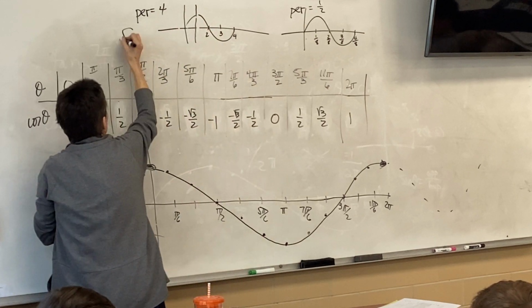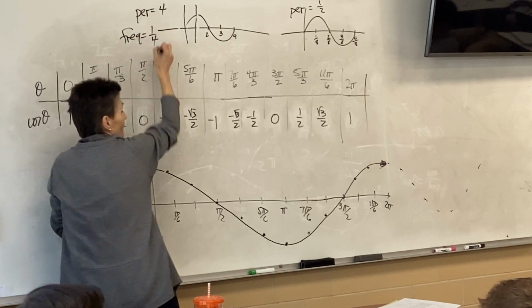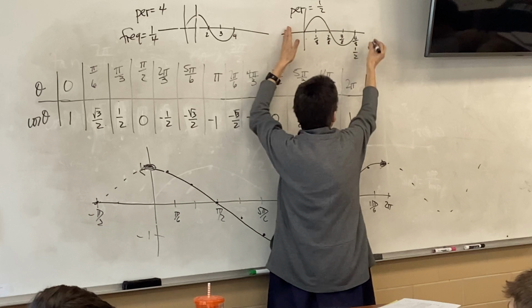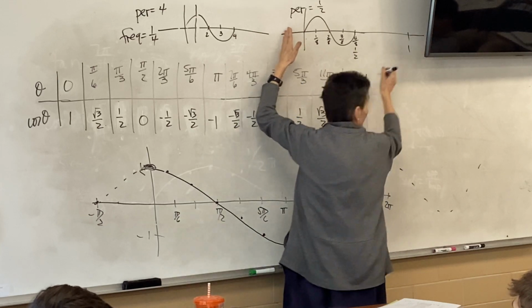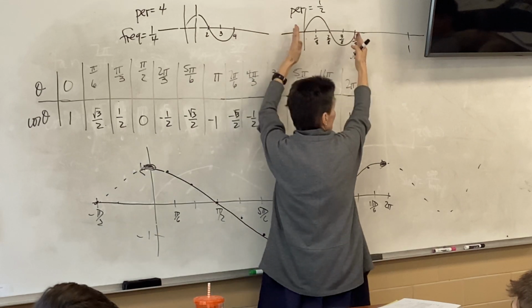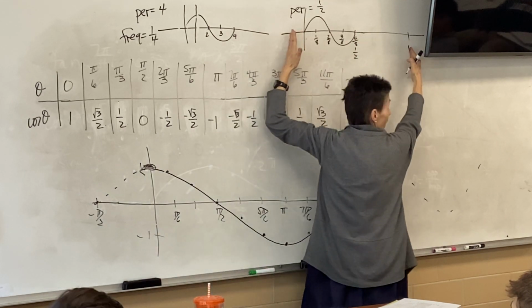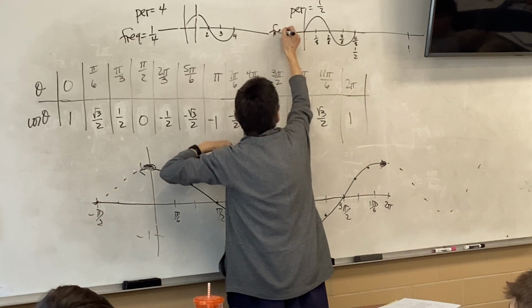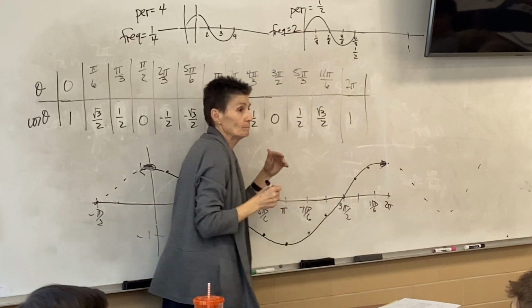So that's the frequency. So then you come over here. Now this is 1/2, so 1 is clear out here. How many periods get drawn if I go all the way to 1? 2. So your frequency is 2.